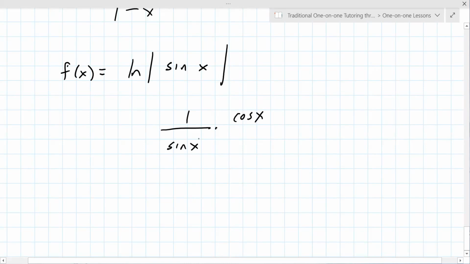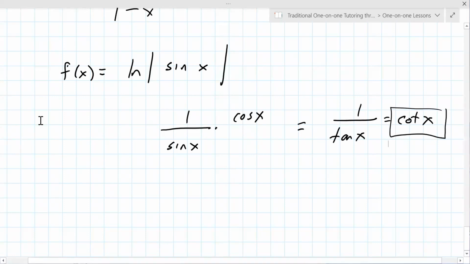Yeah, so what is cosine over sine? 1 over tangent. That's true. What is that? Cotangent. So this answer would be there, is my guess. 1 over tangent is cotangent. Okay.